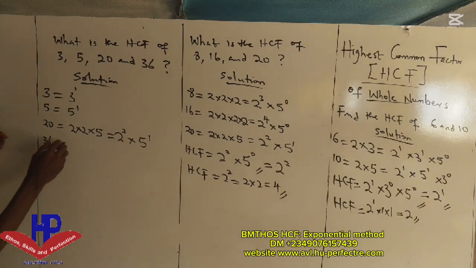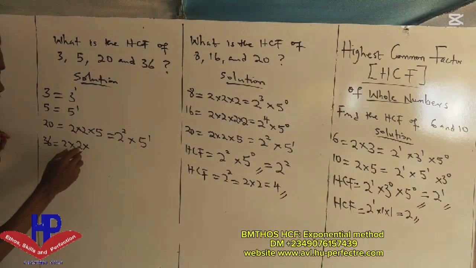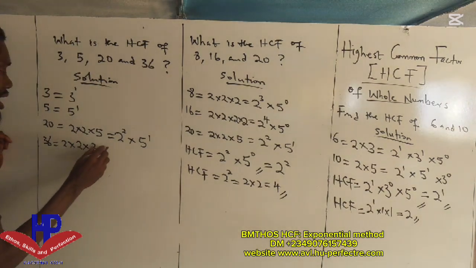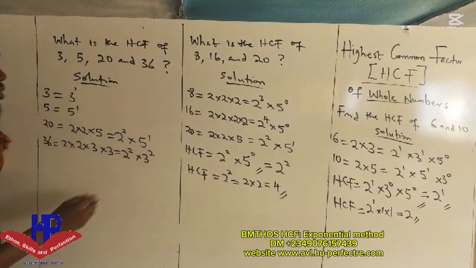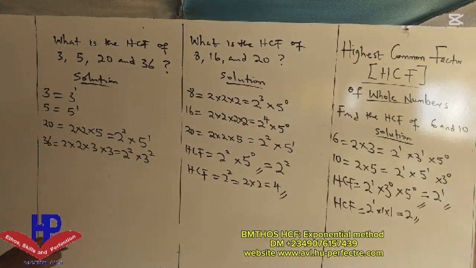36 will be 2 times 2 times 3 times 3. That will be 2 raised to the power 2 times 3 raised to the power 2. That is 36.